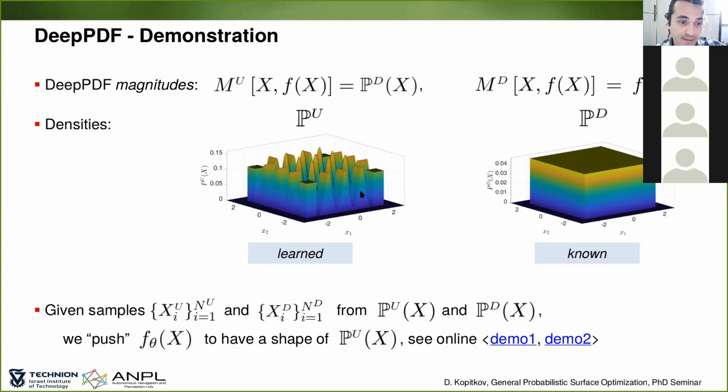PU will have the same support, but will have these Gaussian shapes. And again, our task now is to push our surface to have the shape of PU by using the described PSO forces. So let's see the video of this particular experiment.